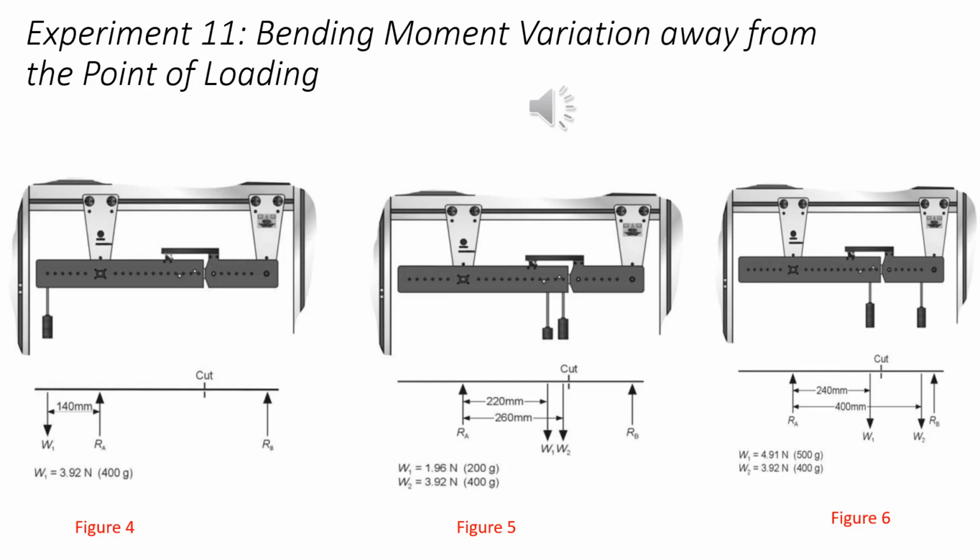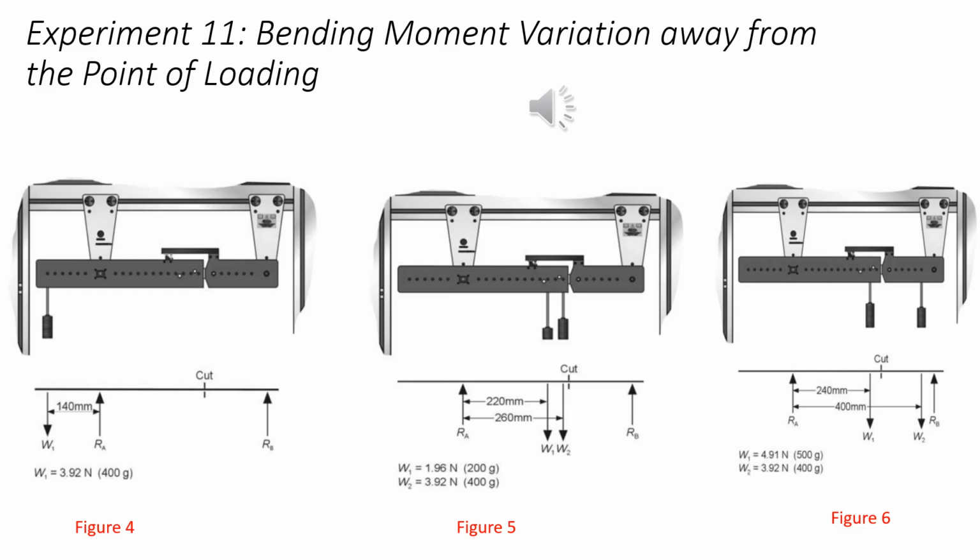In the first figure, figure number 4, you can see here we will apply one load of 3.92 Newton, and we will measure the bending moment at the cut position. And in figure 5, you can see we will apply two different loads, 200 gram and 400 gram masses, and the loads will be 1.96 and 3.92 newtons at two different positions, variable hanger position and variable hanger load.